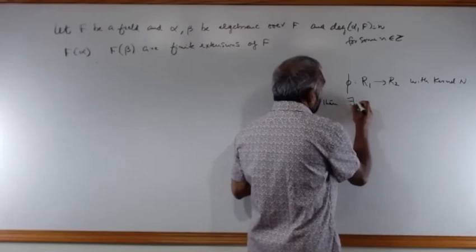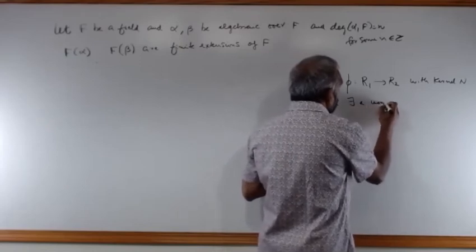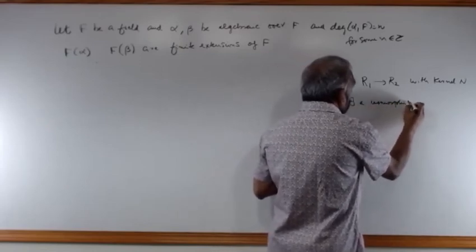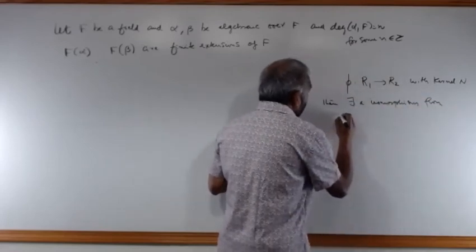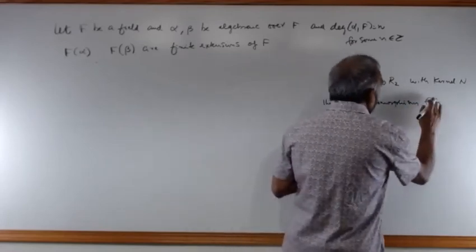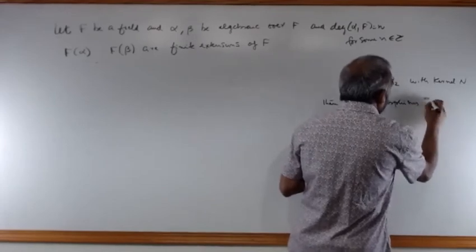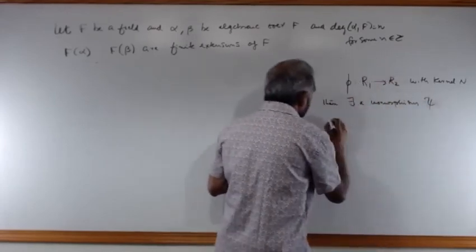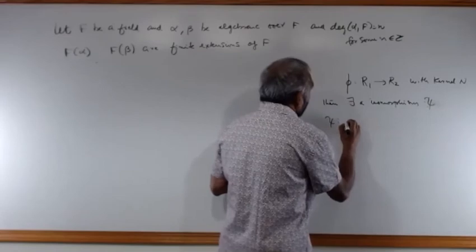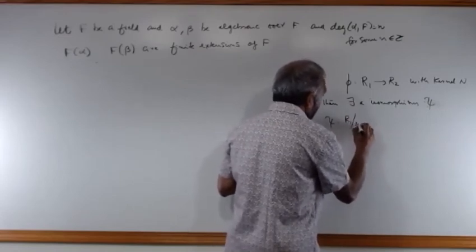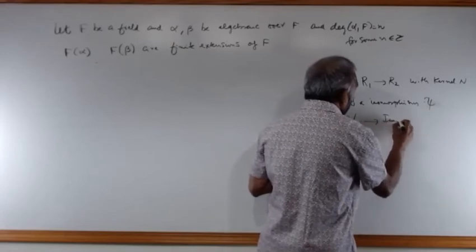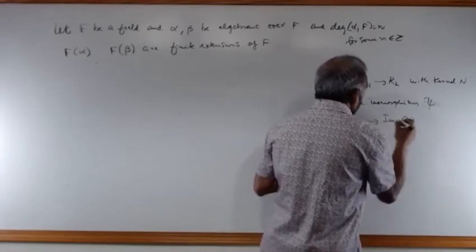Then there exists an isomorphism xi from the factor ring R1 over N to the image of phi.